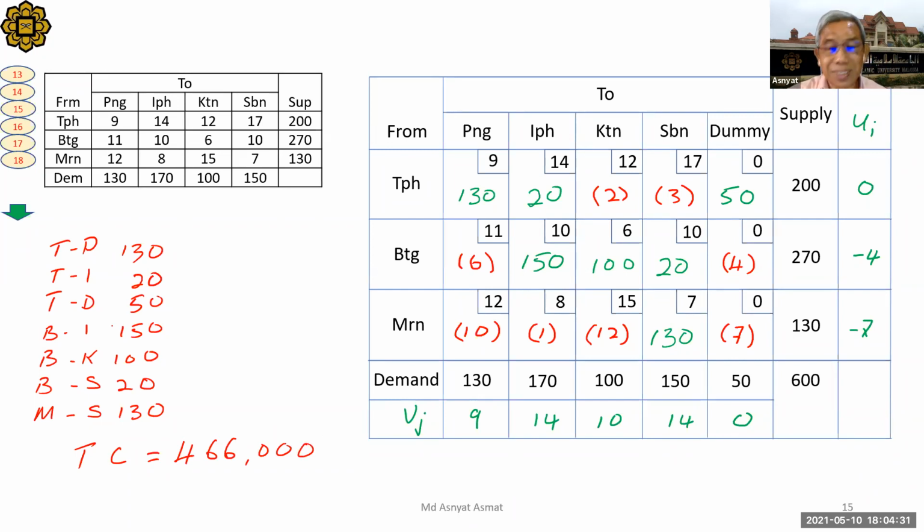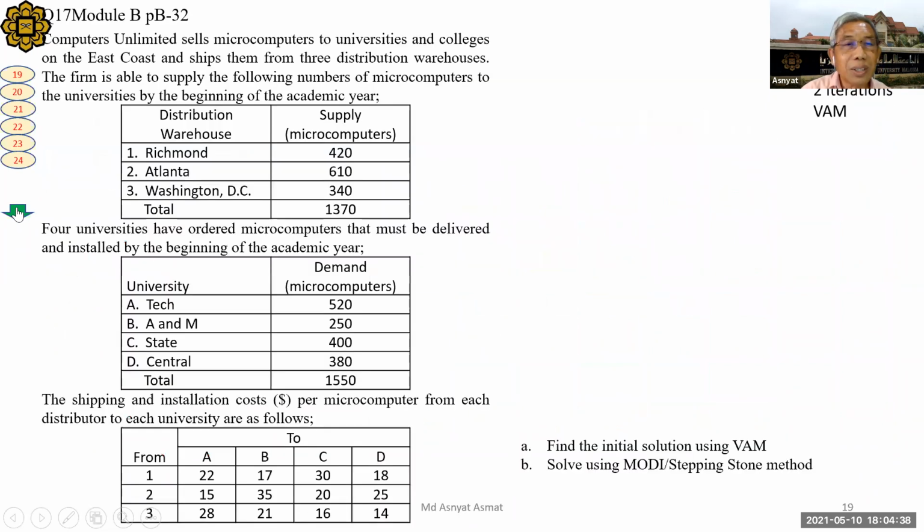Okay, last one. I will just do the initial one only. Okay, look into this one. Computers Unlimited sells microcomputers to universities and colleges on the East Coast and ships them from 3 distribution warehouses. The firm is able to supply the following numbers of microcomputers to the universities by the beginning of the academic year.